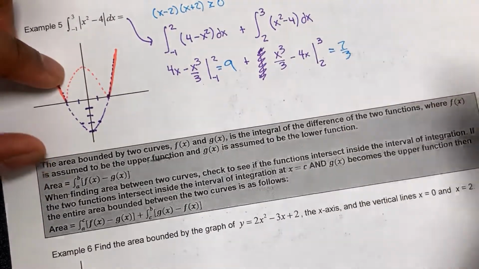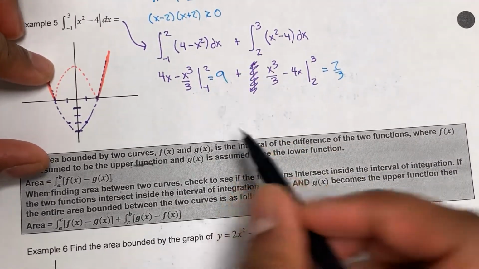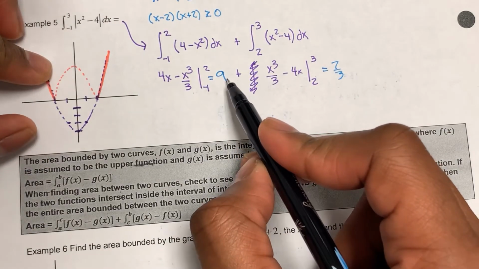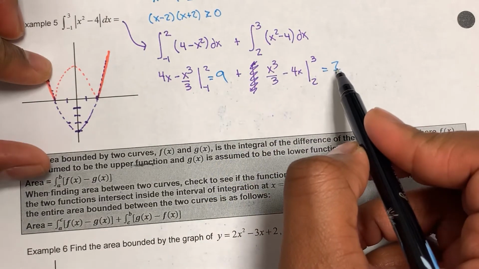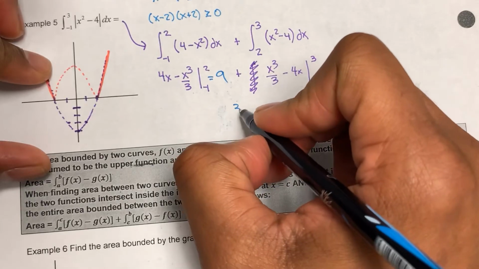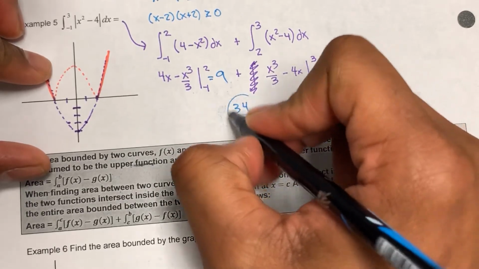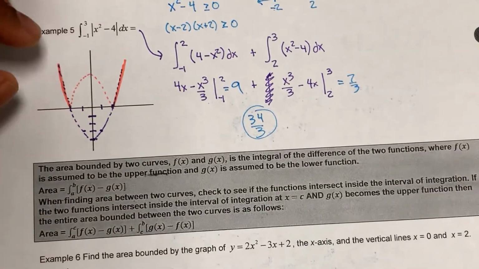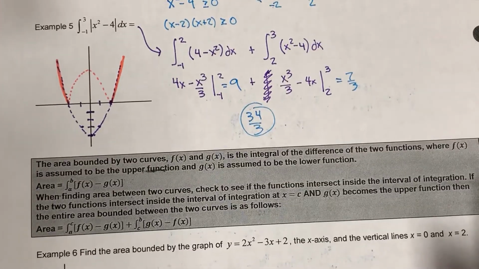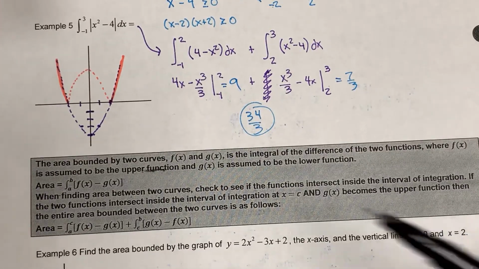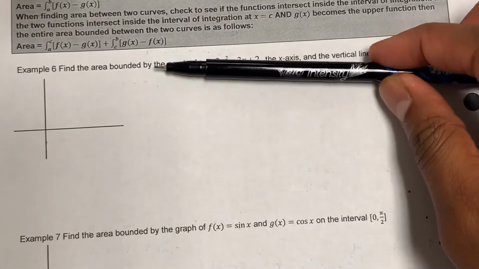So 7/3. So the total area is 27/3 plus 7/3, which is 34/3. So that concludes this video on definite integrals. The second video will cover these two examples.